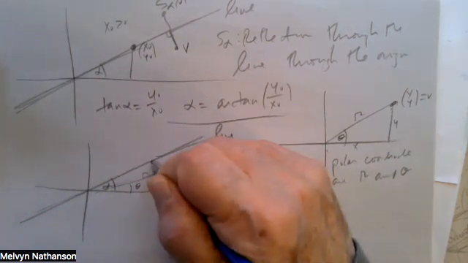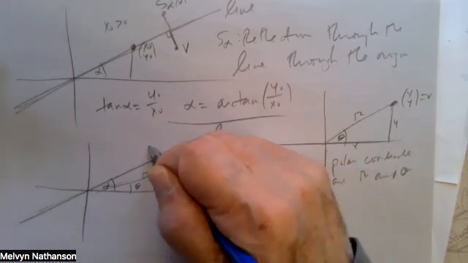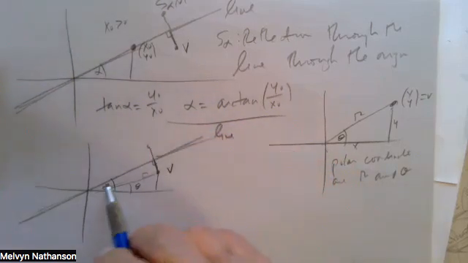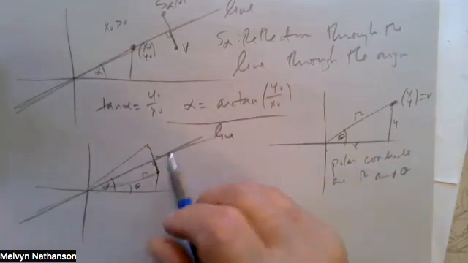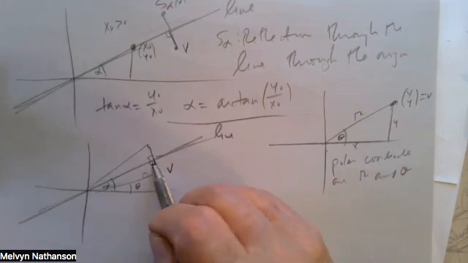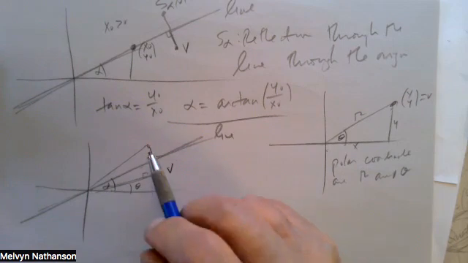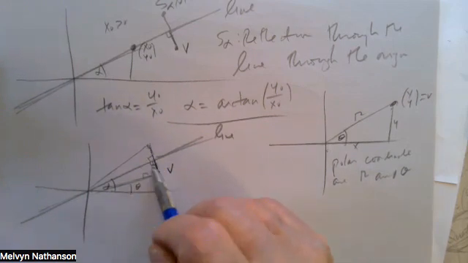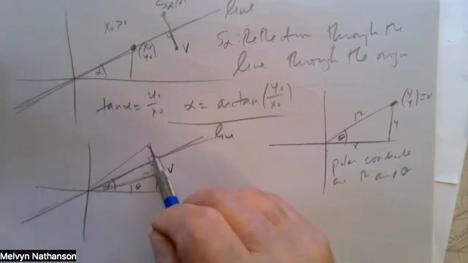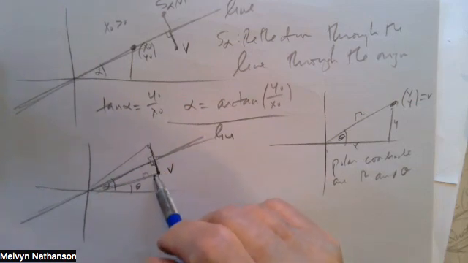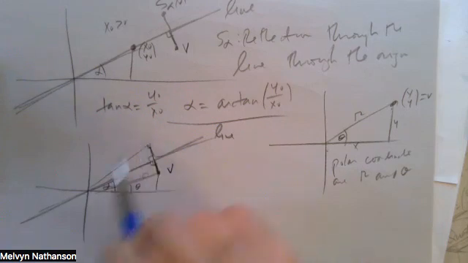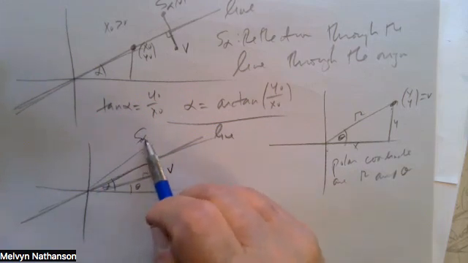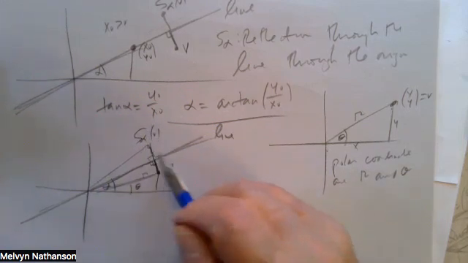Now, if I draw a perpendicular to the line and go the same distance on the other side, I have two right triangles, and they're congruent because they have the same legs. This is a common side, and these two sides are the same. So this is v, and this is S alpha of v. What happens when you reflect through this line?